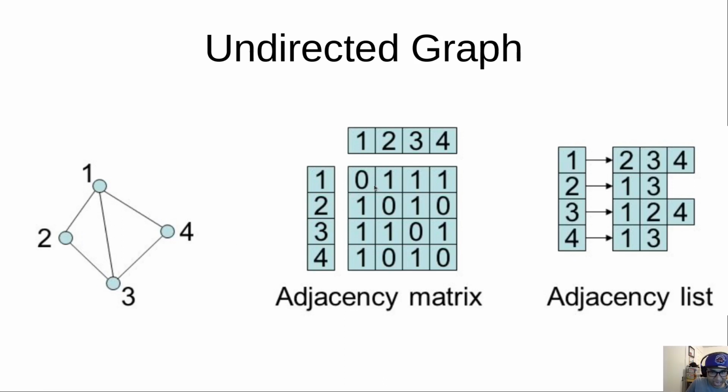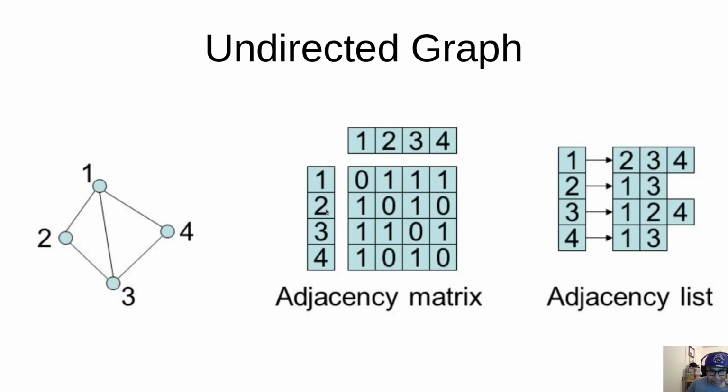Okay, and as you can see, 1 has an edge connected to 2, so we put 1 here. 1 also has an edge connected to 4, so we put 1 here, and 1 has an edge connected to 3, so we put 1 here. 1 does not have an edge connecting to 1. That's why it's 0. If it did, it would be a loop.